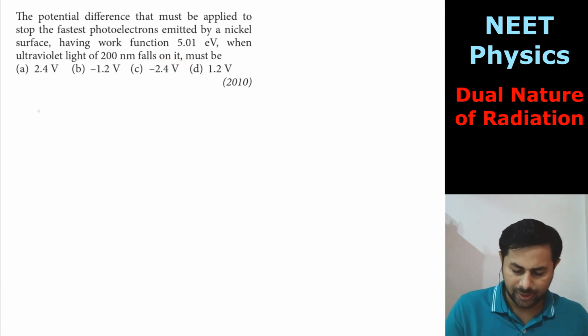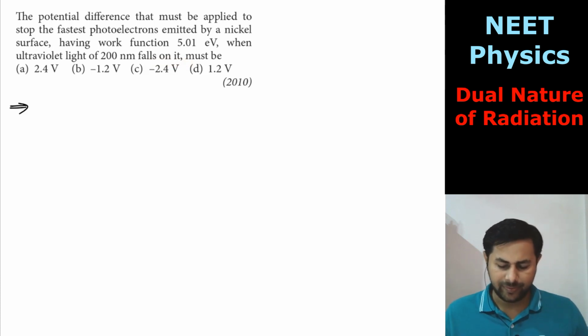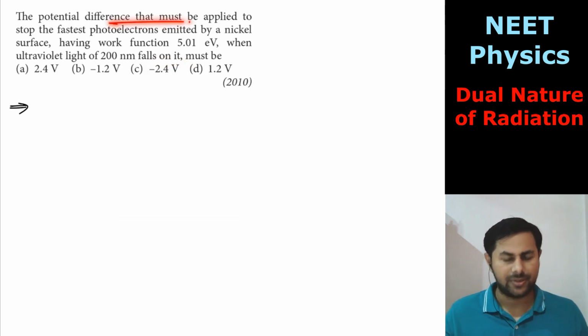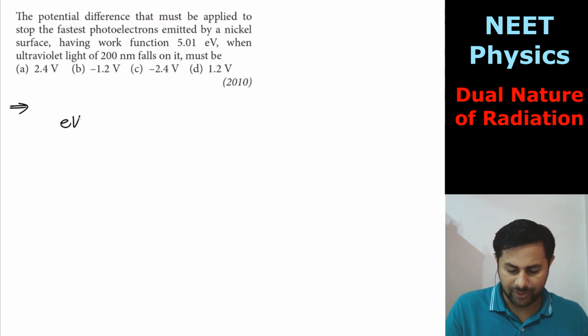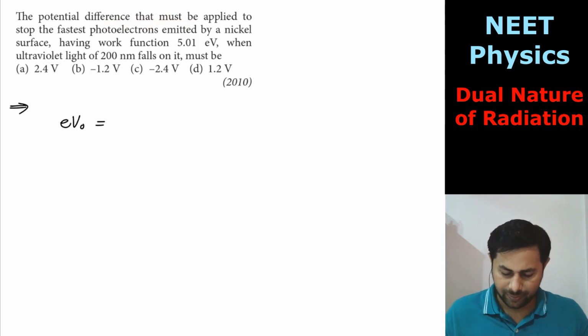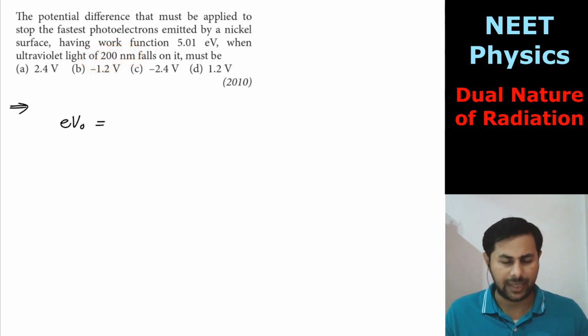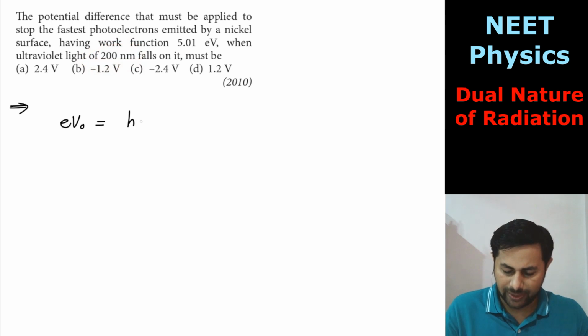Okay, so tell me, again it's similar. You want the stopping potential, right? So it is E times V naught is equal to, and now what's given is the wavelength. Wavelength is 200 nanometers. So you have hc by lambda minus phi naught.